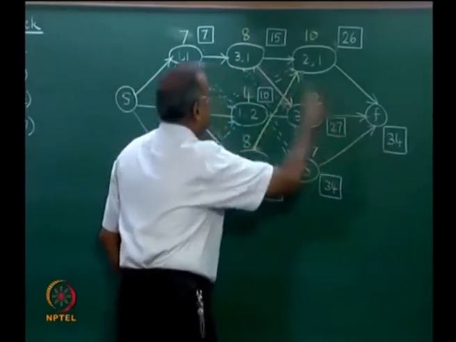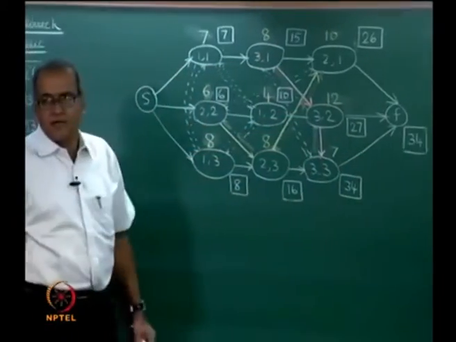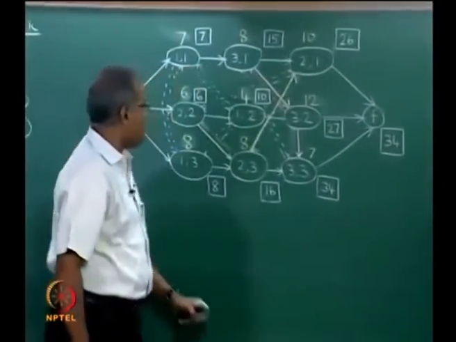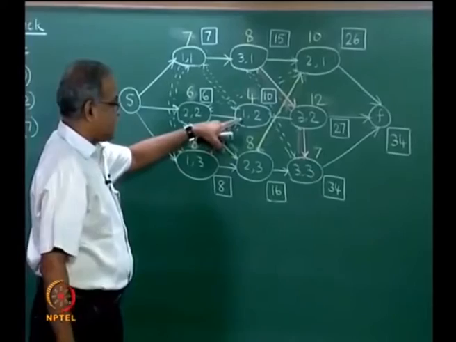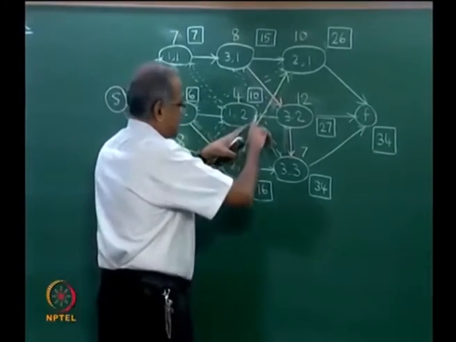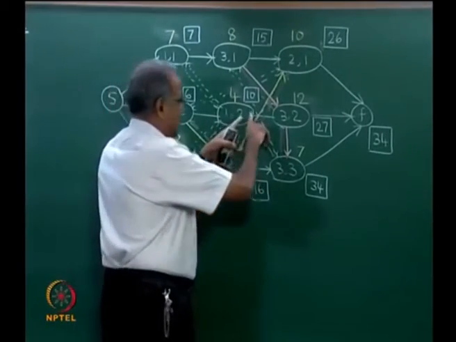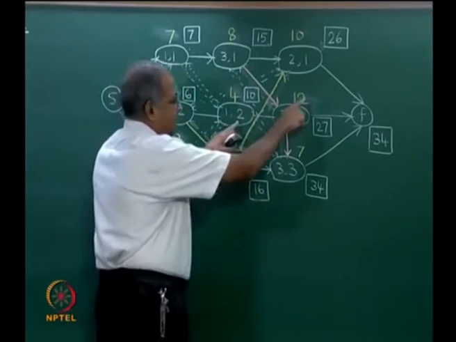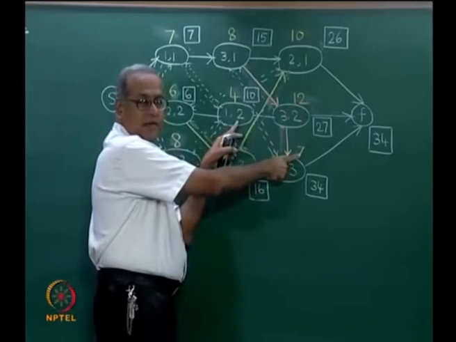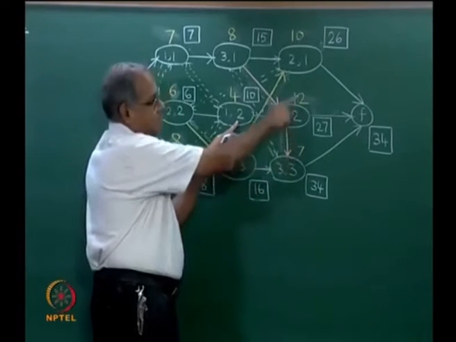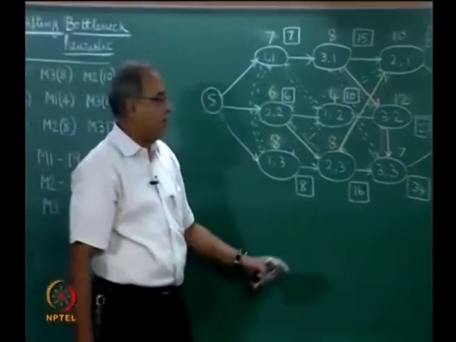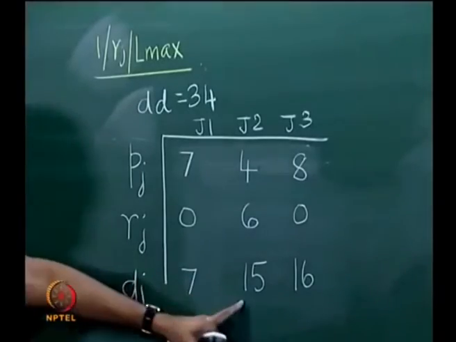So 34 minus the remaining processing time of 27 gives us a due date of 7. Now as far as J2 is concerned, the latest that this has to be completed comes from 12 plus 7, it has remaining 19 time units of processing, and since it has to finish at 34, the due date will be 15.